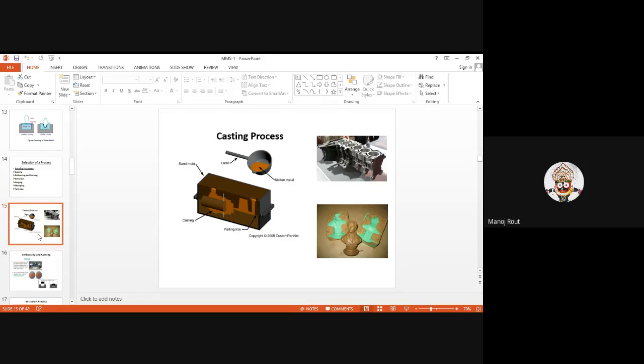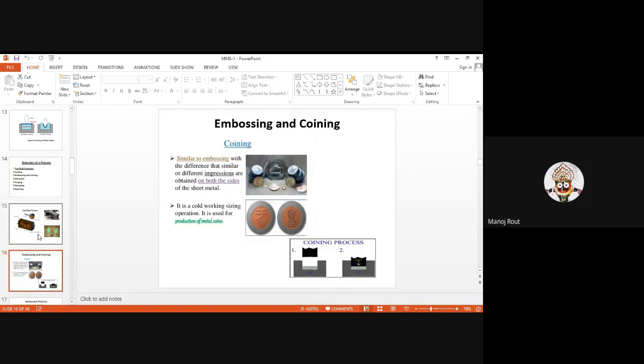The next processes are embossing and coining. The coining and embossing processes are very much similar. In that process, with the help of dies, similar or different impressions are obtained on both sides of the sheet metal. The basic example is metal coins, your currency coins.